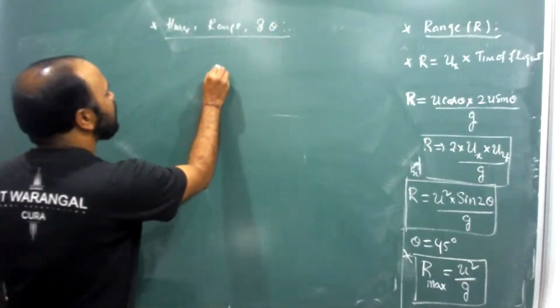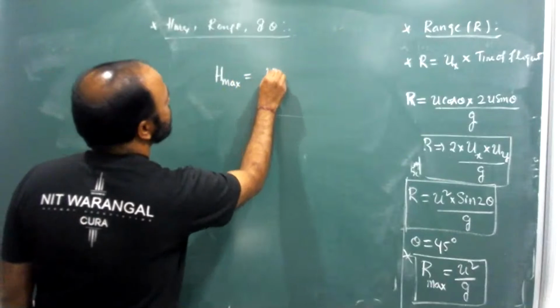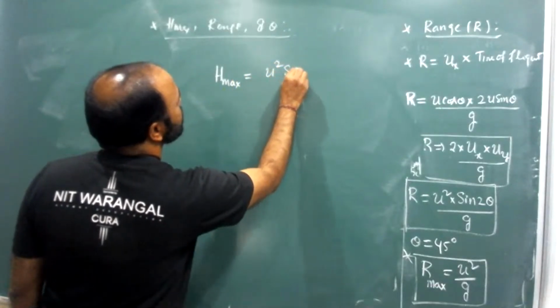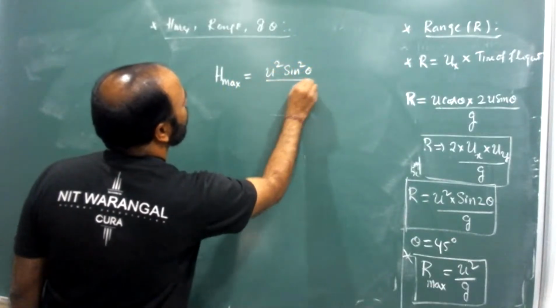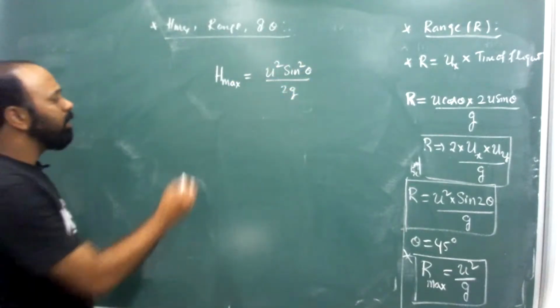Normally, we have the H maximum formula: u square sine square theta by 2g. This is the maximum height formula.